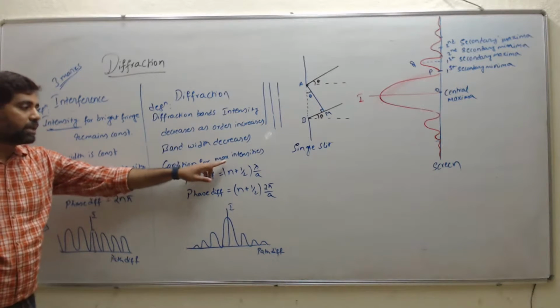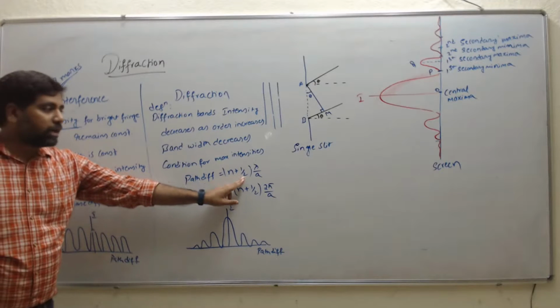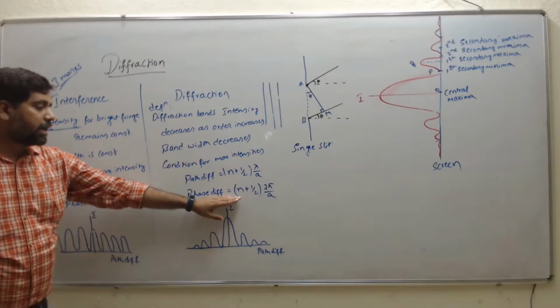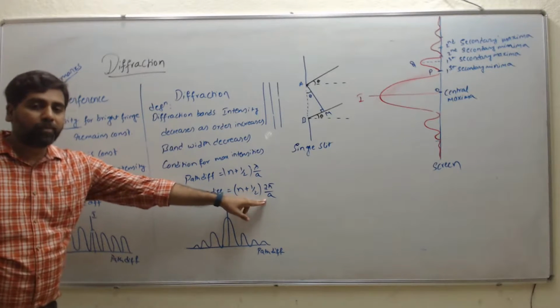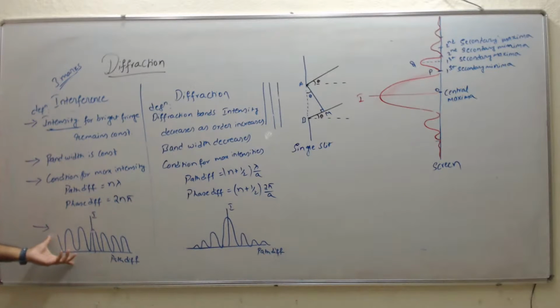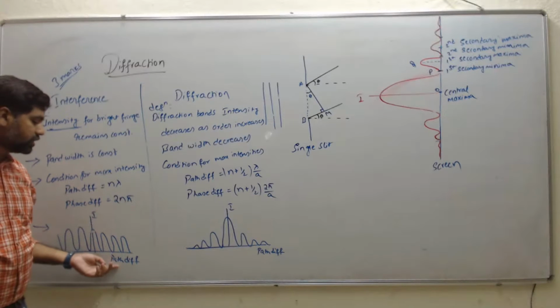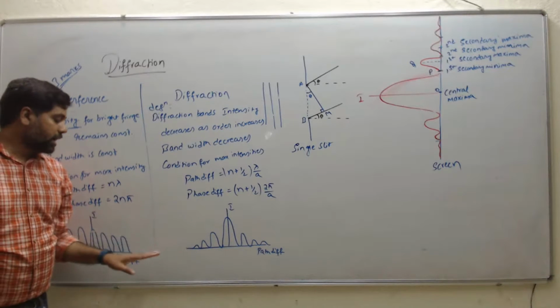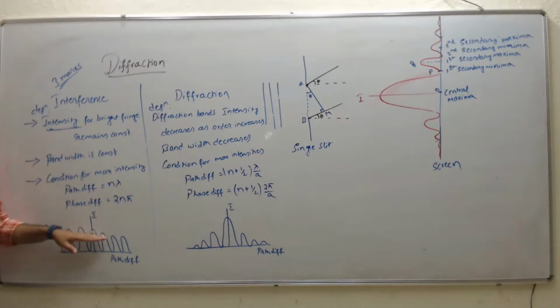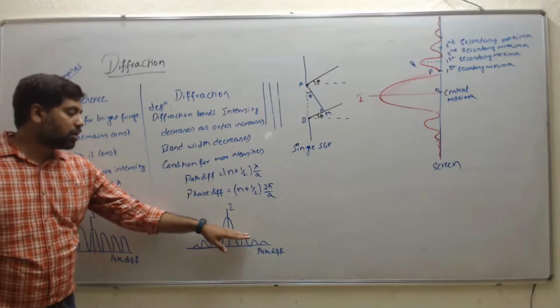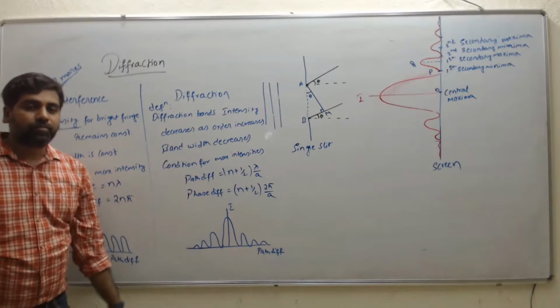For diffraction, the condition is n plus 1 by 2 lambda by a, and n plus 1 by 2 pi by a. Finally, the intensity distribution curve, intensity versus path difference: in interference all the curves are at the same height, in diffraction the curves go on decreasing.